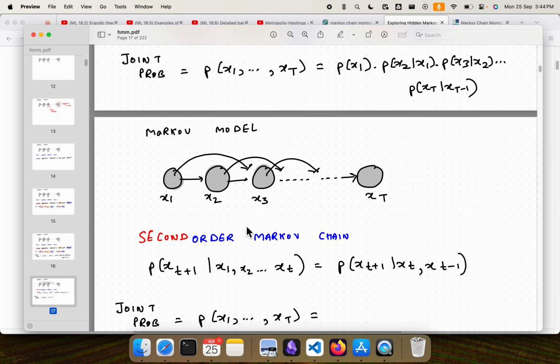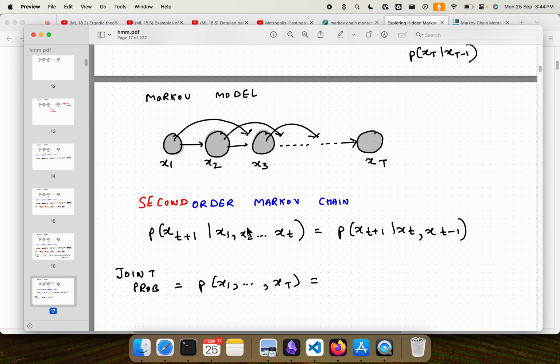And this is how a second order Markov chain might look. The probability of x(t+1) given all of the history depends on x(t) and x(t-1), on the previous two observations. That's a second order Markov chain. So in general, you can consider any k lag Markov chain.